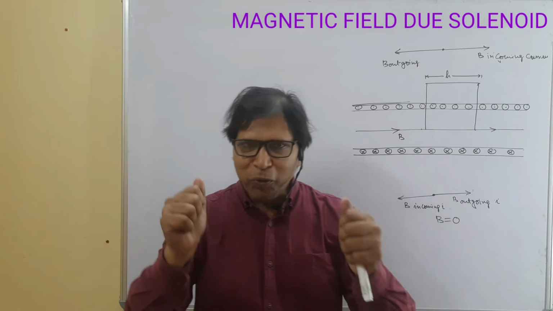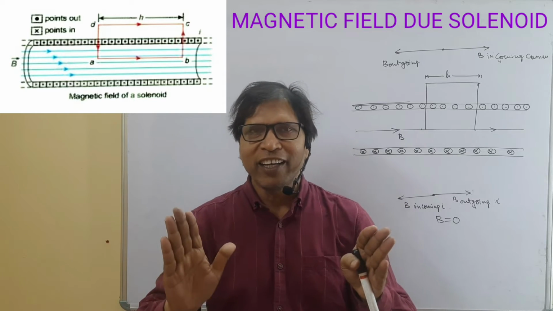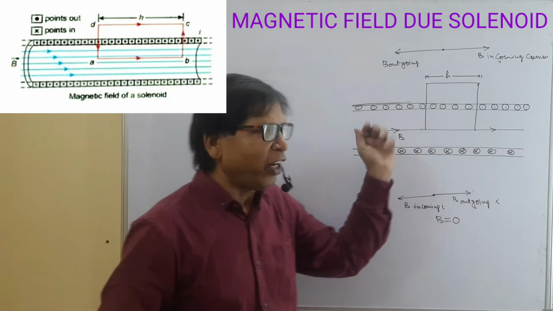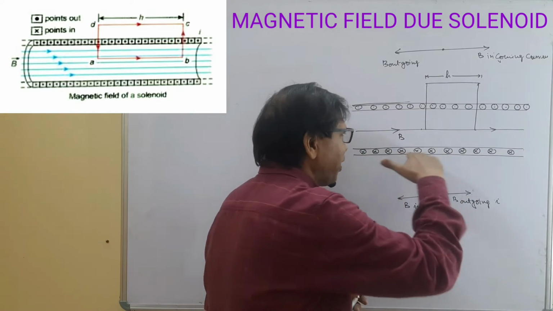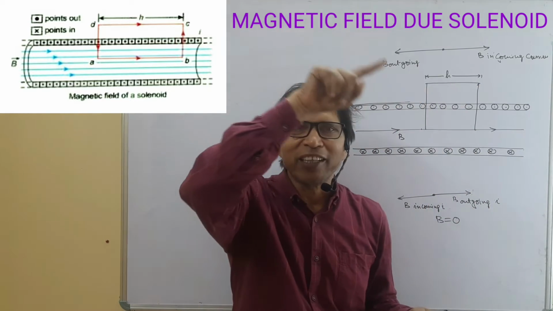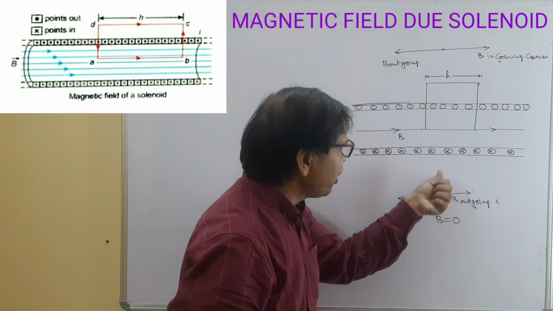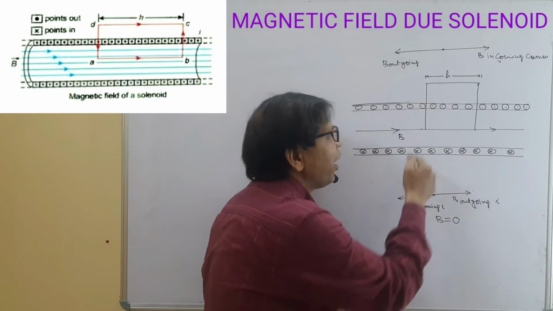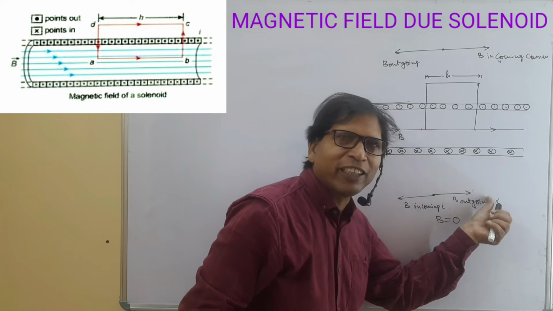Okay? Now we have to calculate the magnetic field due to the solenoid. This is the half portion of the solenoid given in the figure. This represents the incoming current and this represents the outgoing current. The magnetic field due to the incoming current is directed along this direction and the magnetic field due to the outgoing current is directed along this direction.